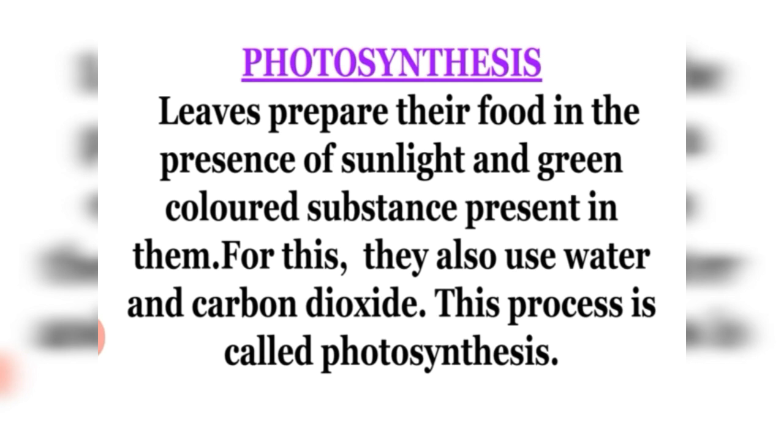We call this process of preparation of food as photosynthesis. Photosynthesis is a process in which plants prepare food, or leaves prepare food, with the help of sunlight, carbon dioxide and water. Okay, this is the process photosynthesis.